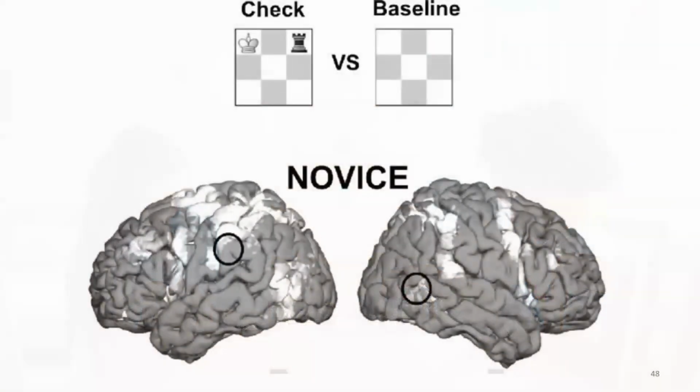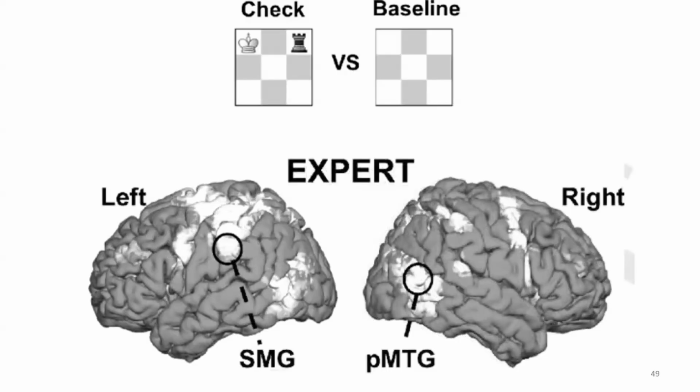And what they found was that if you took a look at the brains of novices, who just started playing chess, if you look at those two areas that are circled, that's what the activation in those areas looks like in a novice. The gray is less activation, the white areas are more activation. That's what those areas look like in a novice. That's what they look like in an expert.